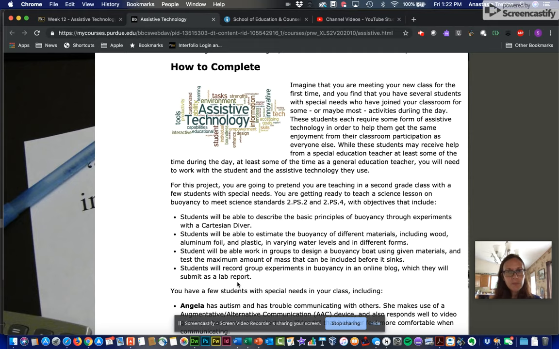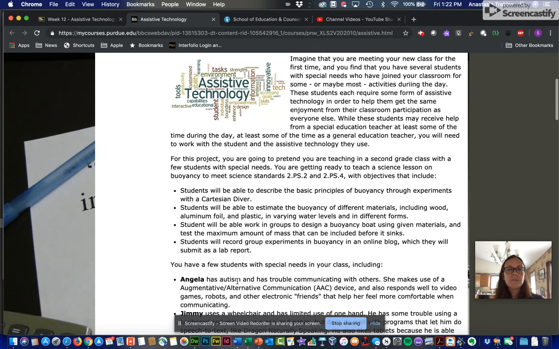So I frame this as a science lesson, a science lab in the second grade classroom, using some of the science standards. So in this case, there's water. They're actually doing an experiment. If you've ever done the Cartesian diver thing, there's a little bowl of water, and you've got your little guy, and you're experimenting with buoyancy.